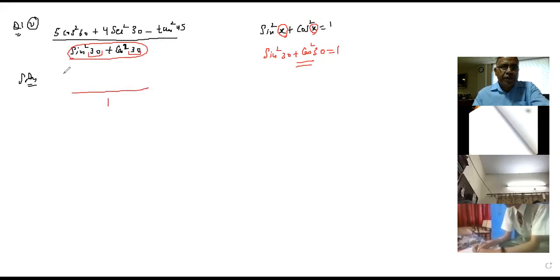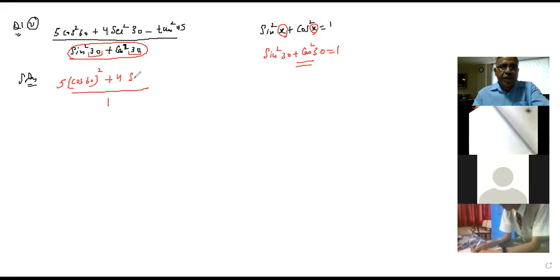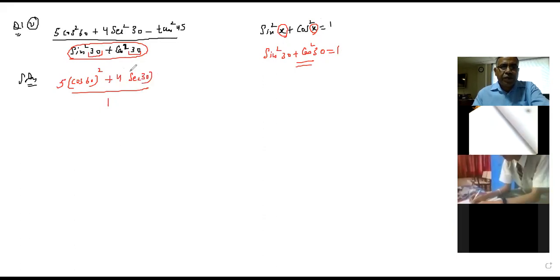Now, numerator. I can write 5 cos 60 whole square plus 4 secant 30 whole square minus tan 45 whole square.